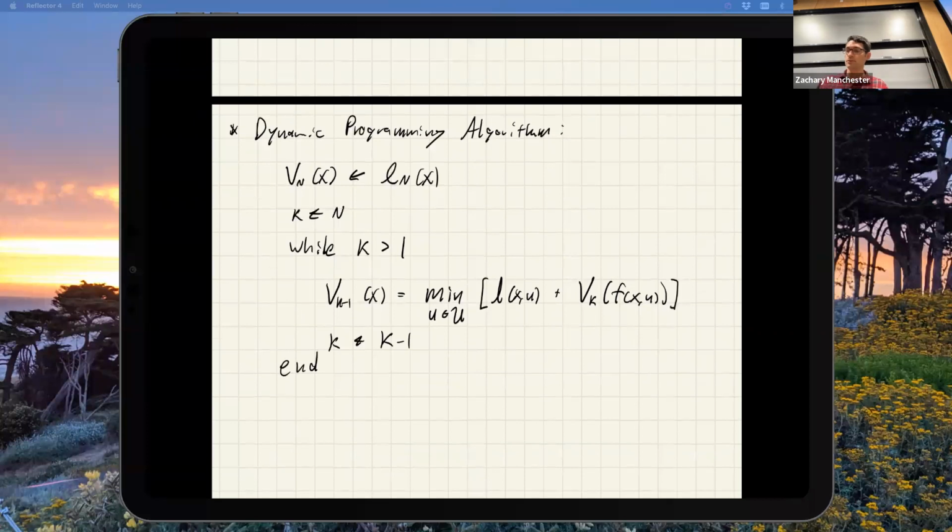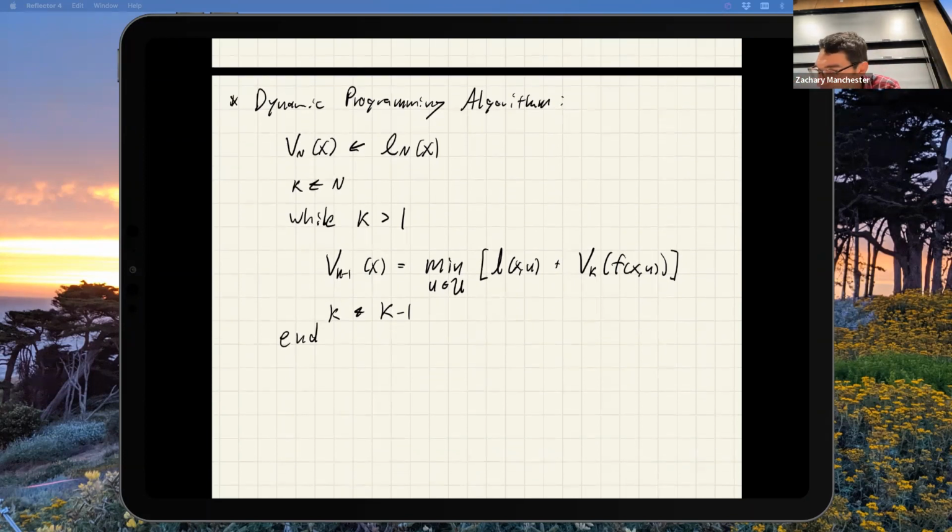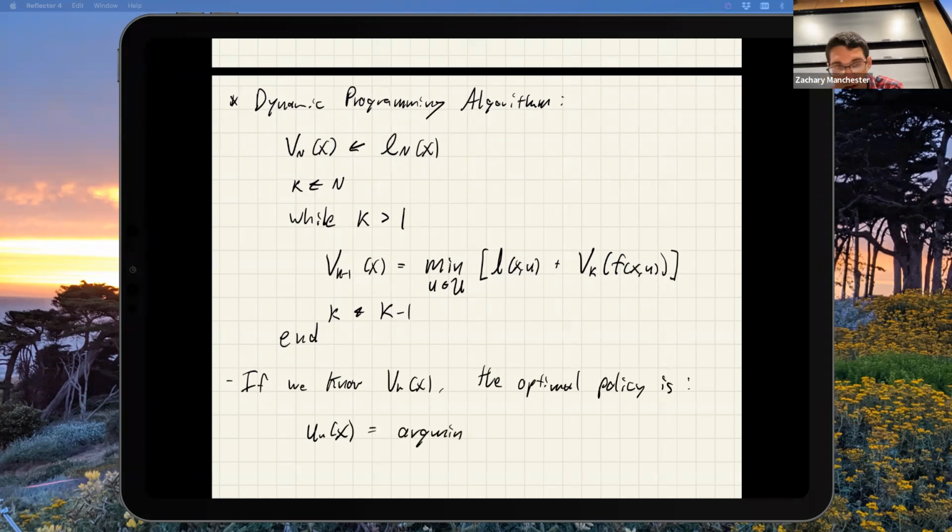There's a sense in which, if I know this optimal cost to go, this V, I know everything about the solution to the optimal control problem. If I have that, it's almost as good as having the optimal feedback policy, because that kind of gives it to you. If we know the V's, the optimal policy is just u_k of x equals arg min over u.